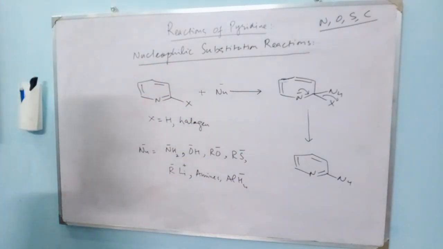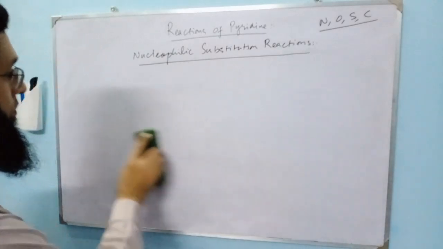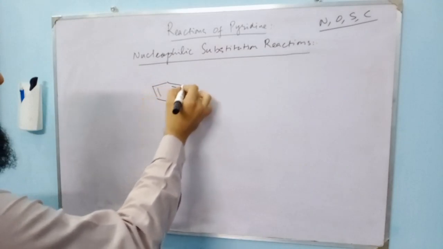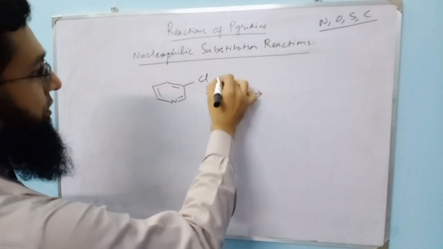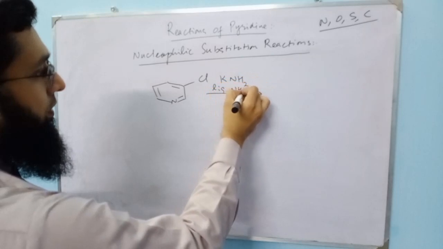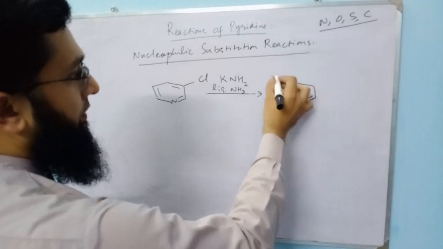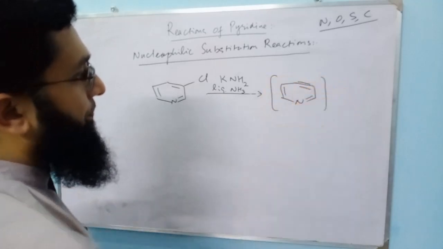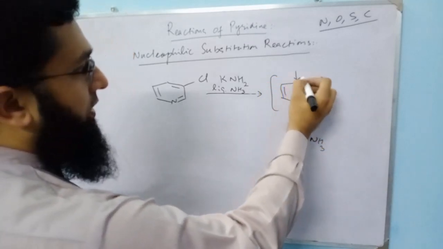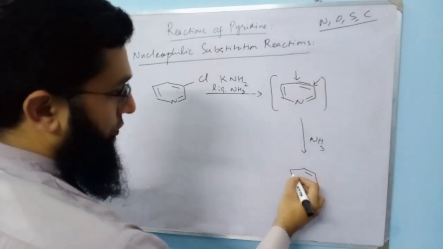Nucleophilic substitution reaction of pyridine can also take place via benzyne intermediate. For example, if we have 3-chloropyridine and we treat it with KNH2 in liquid ammonia, as a result we will get this heterocyclic intermediate, and if it is treated with ammonia we can have attack here as well as here, and in general both the isomers are formed.